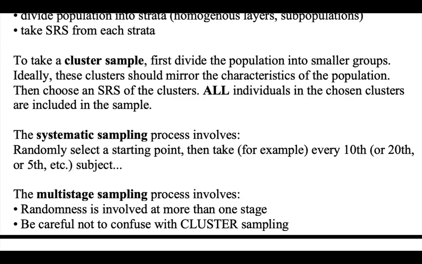What happens if my name gets chosen? Who takes the survey? Students in your second period. All of them. What is that called? The population. It's a census, right? So if everybody in the class takes it, then that's a census. That's not a sample.